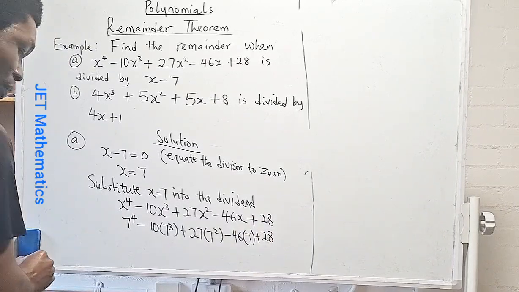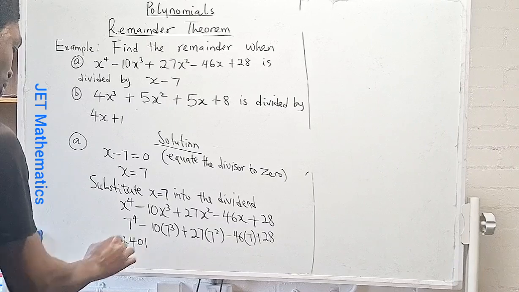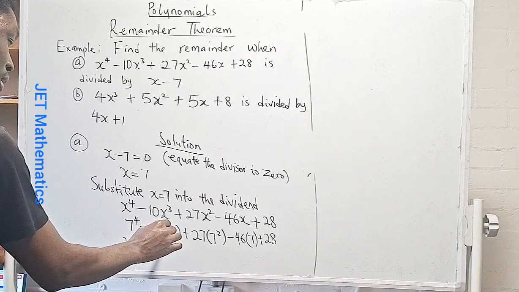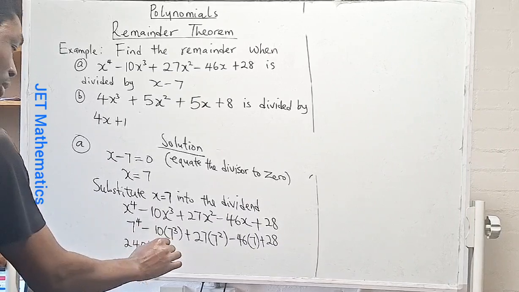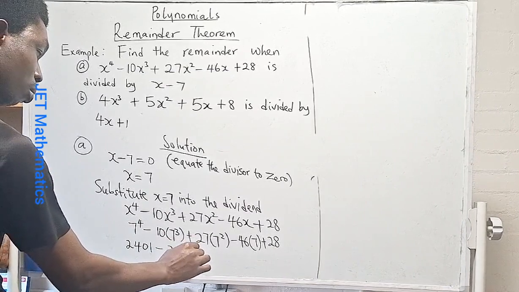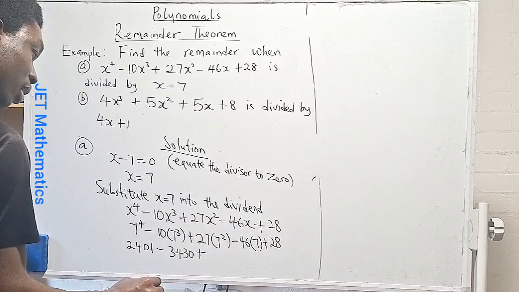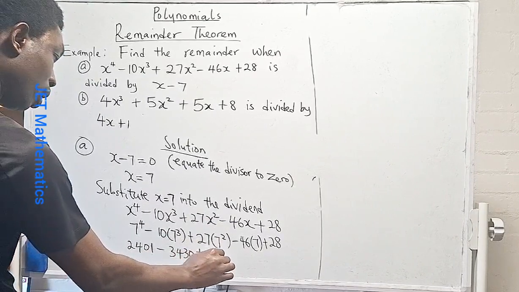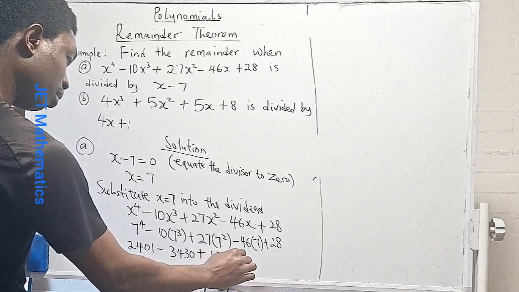So 7 raised to the power of 4 is 2401. Then 7 raised to the power of 3 is 343, times 10 is 3430, plus 7 raised to the power of 2 is 49, and 49 times 27 is 1323.